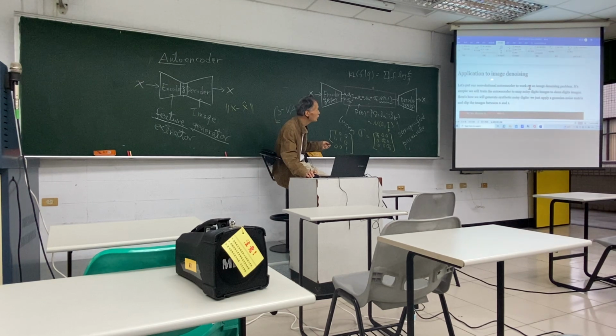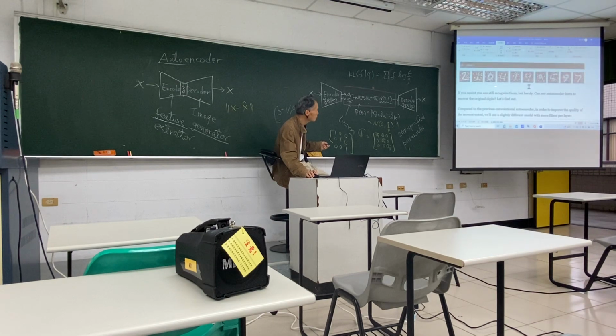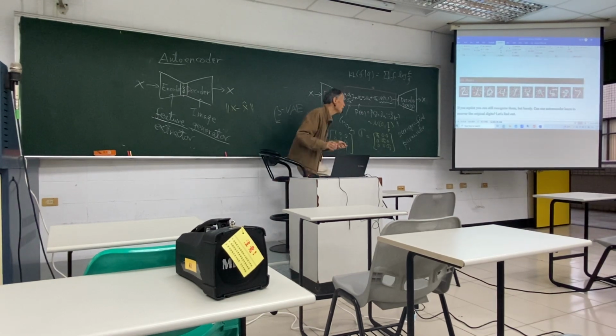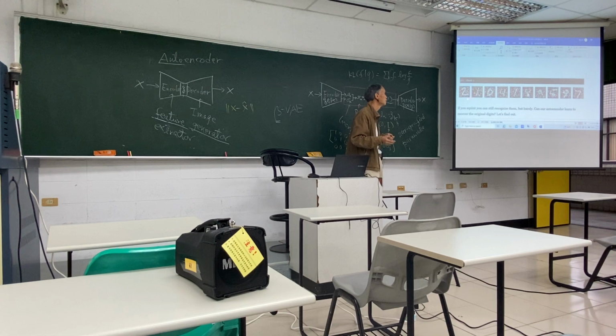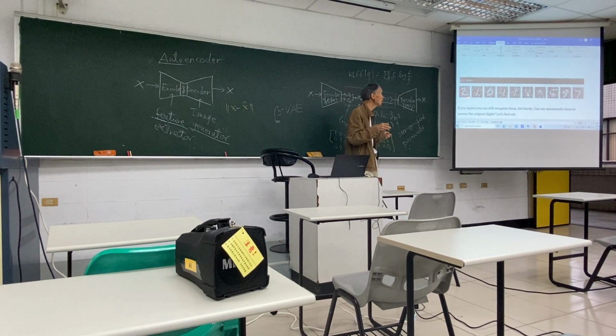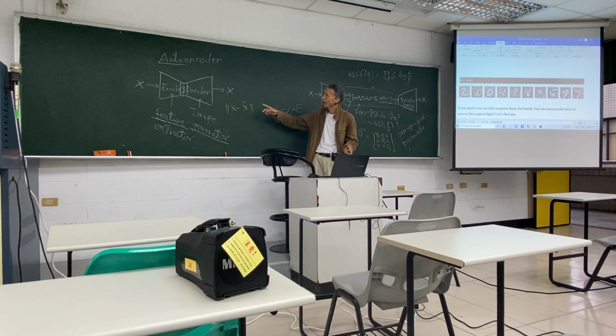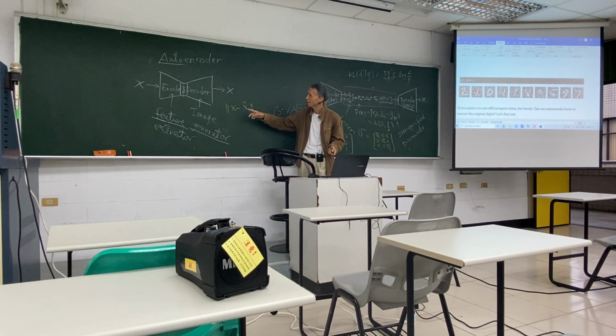You can use it for image denoise. That's what I'm saying. For image denoise, to train a CAE, the input must be a noisy image. You must add noise. For defect detection, why are you not supposed to use CAE?